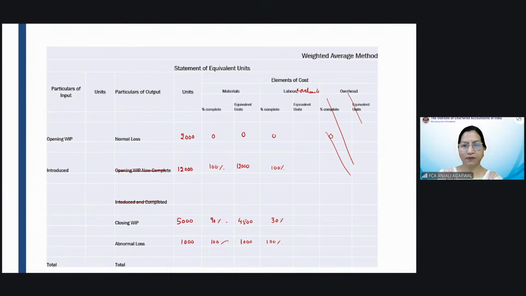So the total comes out to be 17,500. Here, 12,000, 1,500, and 1,000, 14,500. Okay, as simple as that. So absolutely no problem if you are doing the question using weighted average. All you have to do is do not bifurcate the completed units into two different segments.